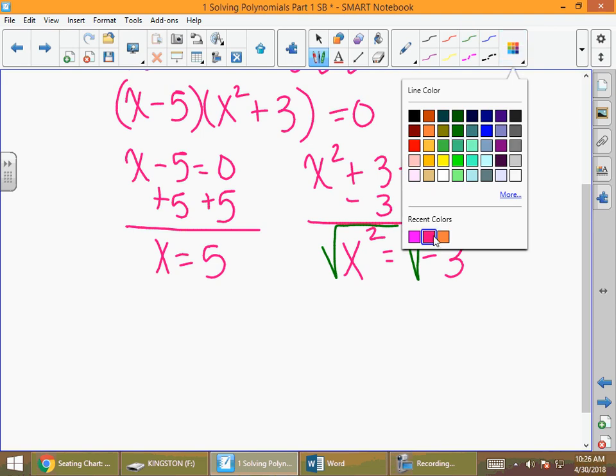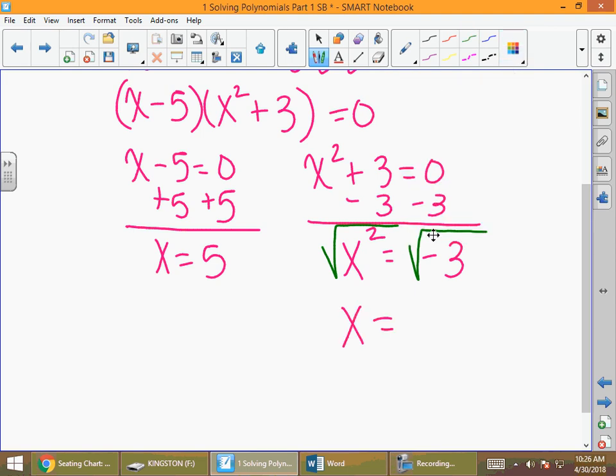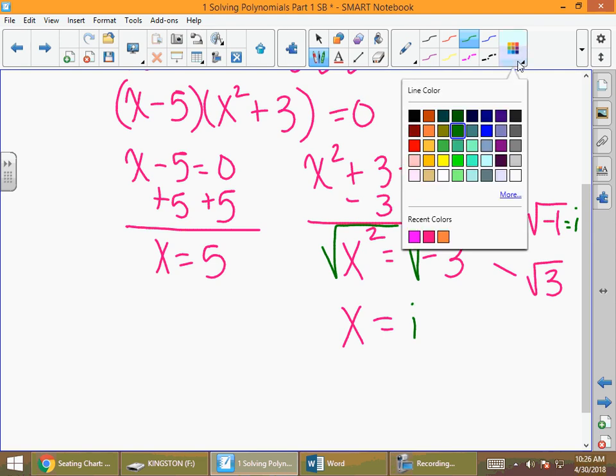On the left, we're left with x. On the right, this is the square root of negative 1 times the square root of 3. What does the square root of negative 1 equal? Again, the more you can say it out loud, the more you're going to remember it. So we're going to get i times the square root of 3.